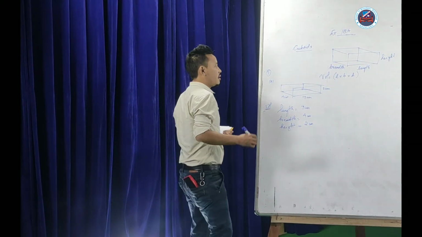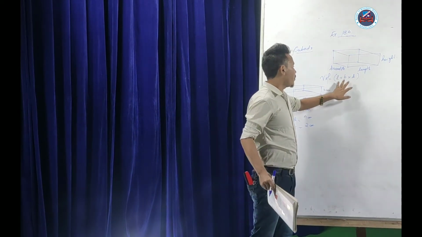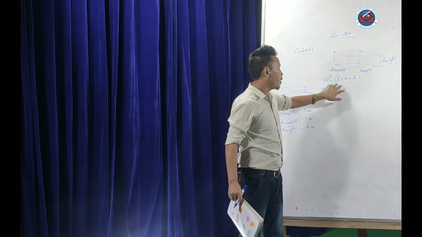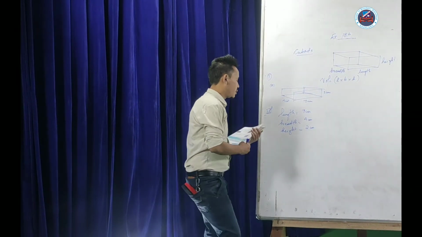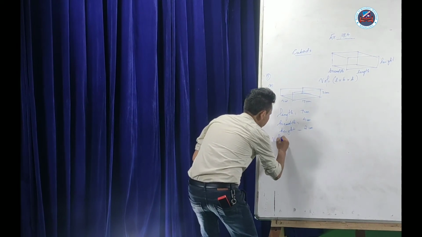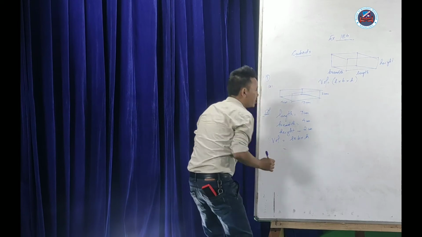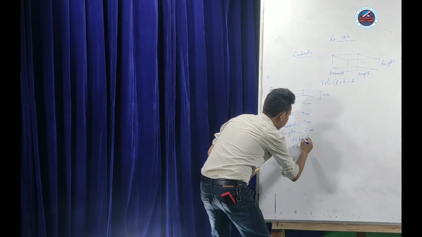We are asked to find out the volume. As we know, the formula for the volume of a cuboid is length into breadth into height. Using this formula, we'll calculate the volume of this particular cuboid. So length is 7, breadth is 4, and height is 2.